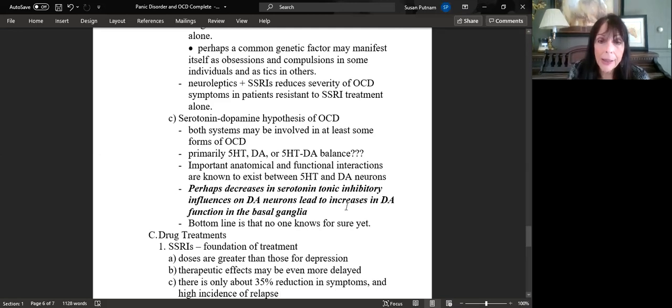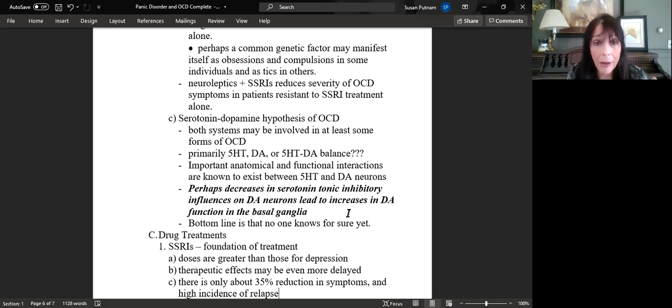Here, I actually put this in bold in italics, which means, let's take a look at it. It could be important. Perhaps that tonic inhibition that serotonin can have in many dopamine neuron populations isn't there the way it should be. And that results in increases in dopamine function in the basal ganglia.